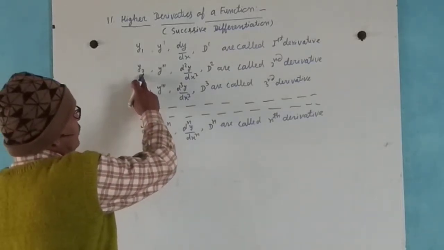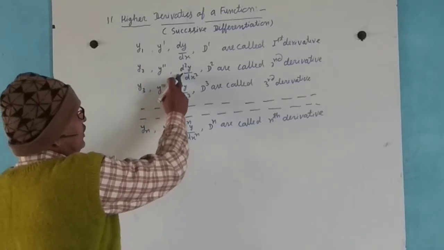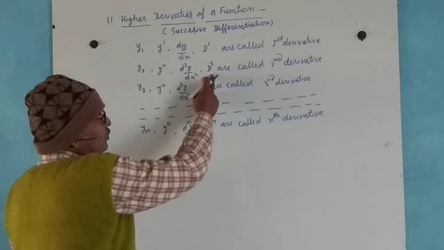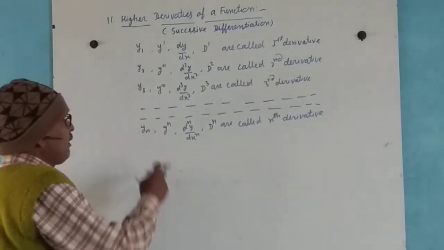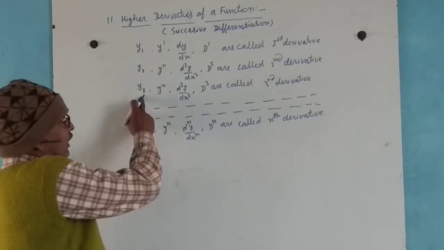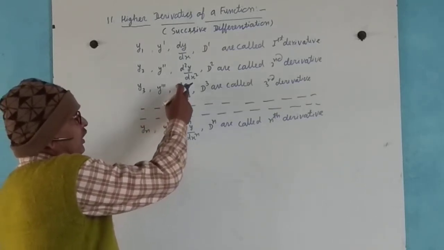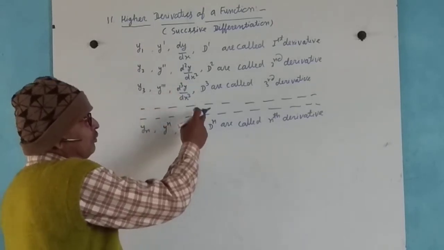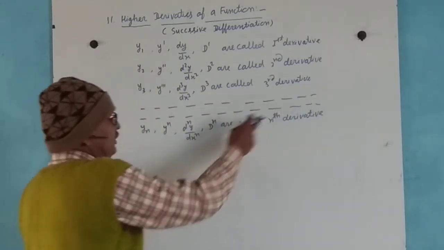Now y2, y double dash, d2y by dx2 are called the second derivative, and y3, or y triple dash, or d3y by dx cube are called the third derivative.